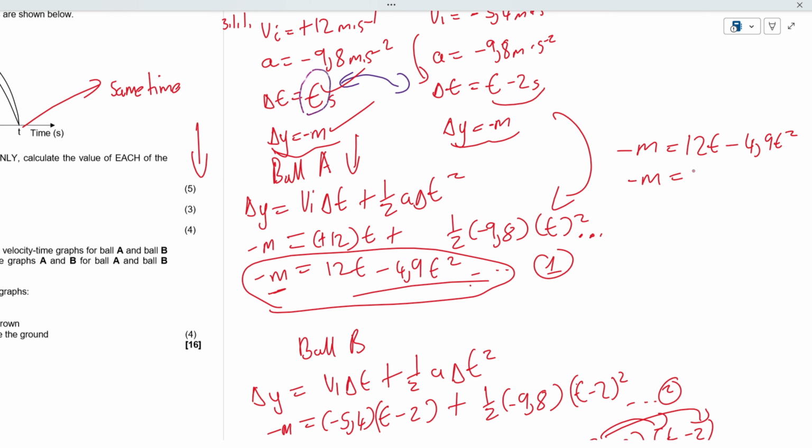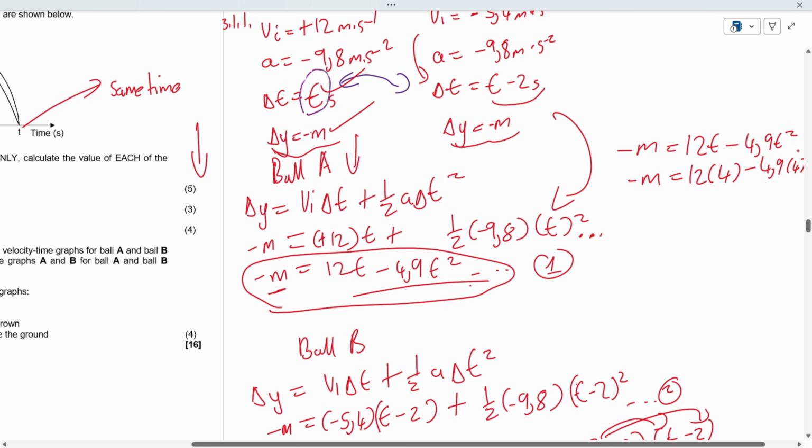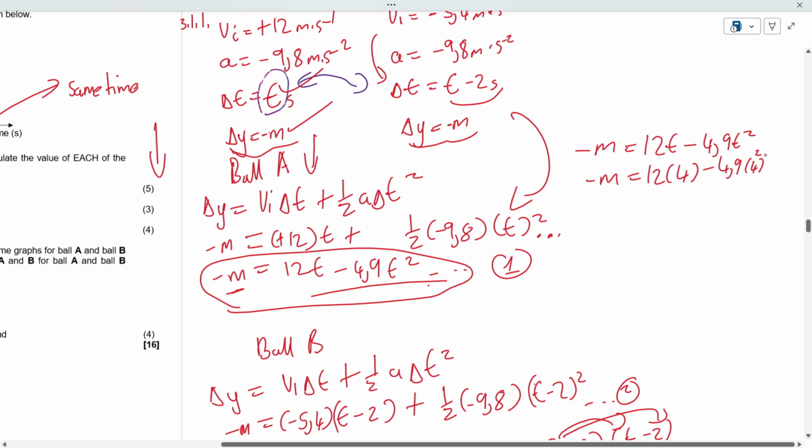Then you say 12 into 4 minus 4.9 into 4 squared. Whatever you get, you just take it as negative. So 12 into 4 minus 4.9 into 4 squared, and then we get negative 30.4.